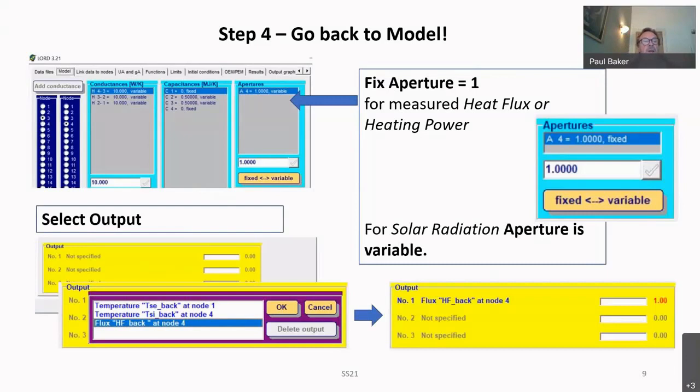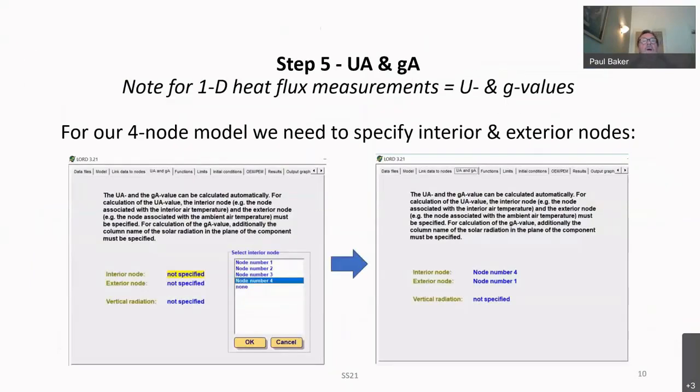Here we are. So we now select the output, and for example, in this case, I've selected the heat flux. The next step is to define where the U and G values are applied.